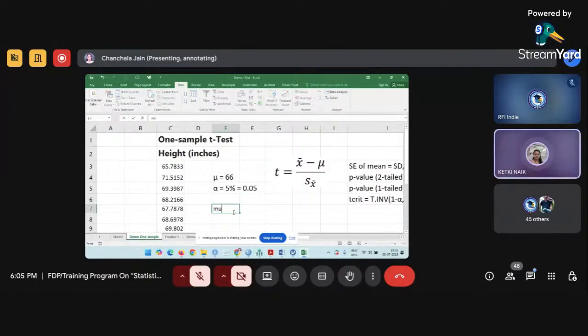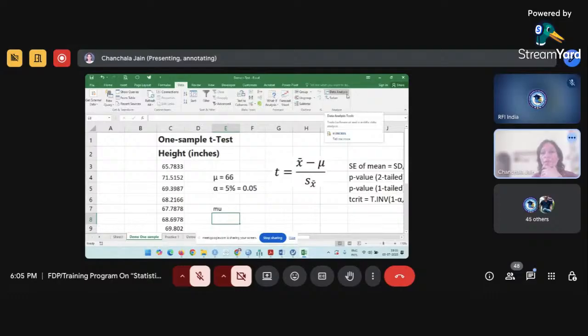Ma'am, where did you find the tab of data test? These tests are available in Data Analysis, I think we used it yesterday also, the Data Analysis ToolPak, but now it is not visible in the data tab. So you can close this and open once again.